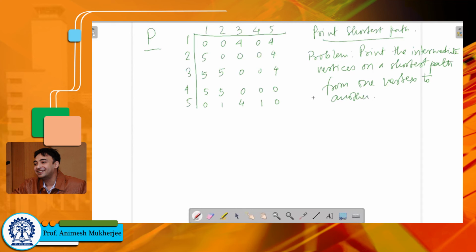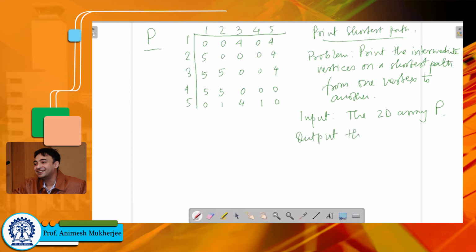This is your problem. The input in this case is the 2D array P.